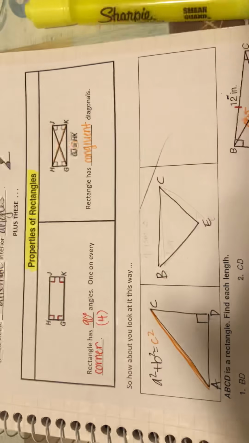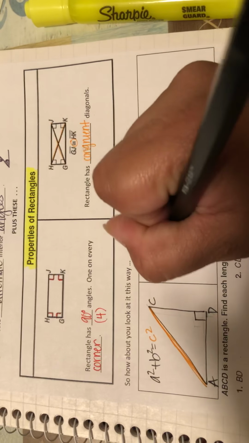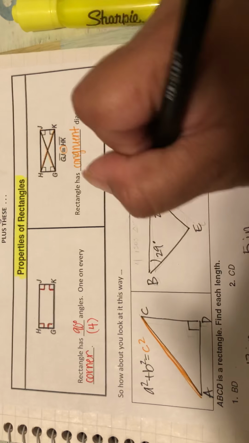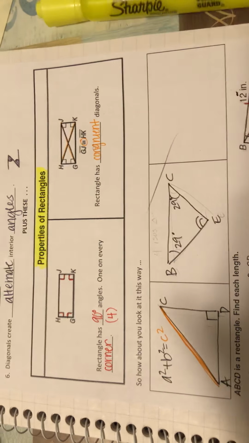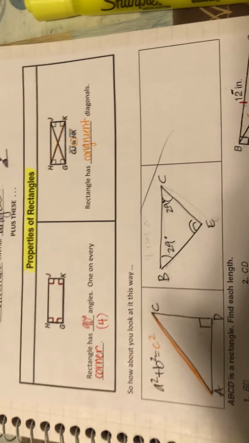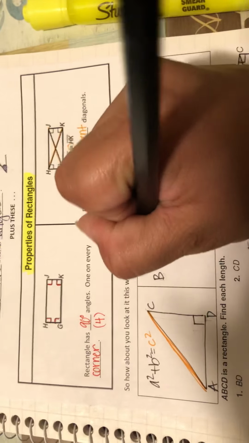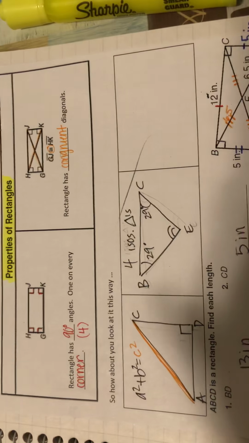And if we have this angle measure here, that would be like, say, 29 degrees. This would be 29 degrees. Okay, and then this one would be different. Okay, so we know that rectangles also have 4 isosceles triangles.